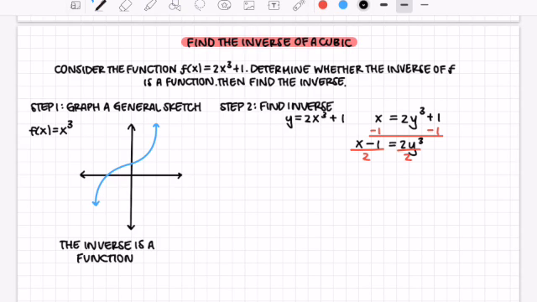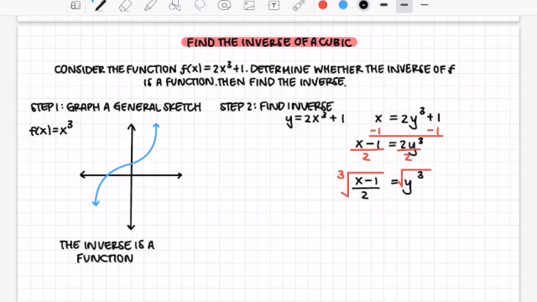And I get x minus 1 over 2 equals y to the power of 3. To get rid of the cube, I'm just going to take the cube root of both sides.